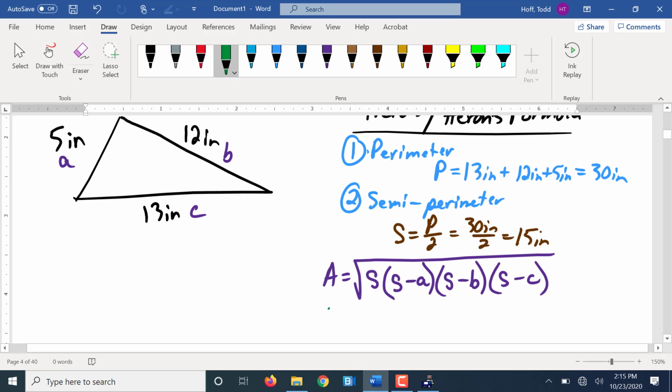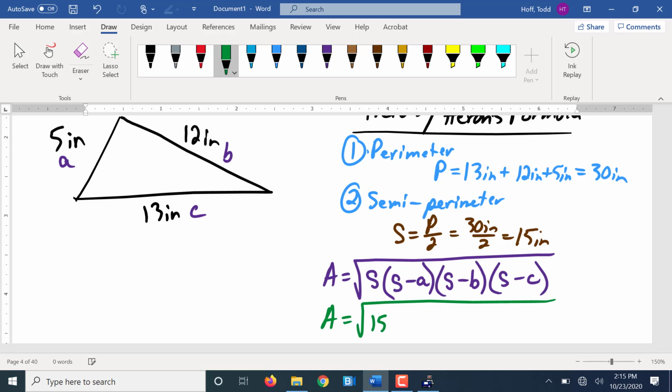So if we put some numbers in there, that's the square root of 15 times 15 minus 5, that's the smallest side, times 15 minus 12, that's the middle length side, times 15 minus 13.